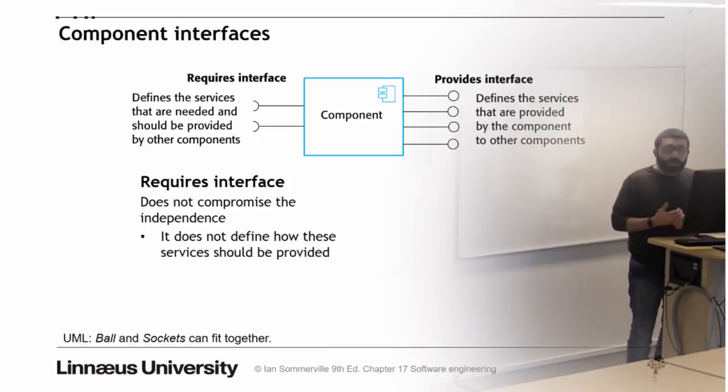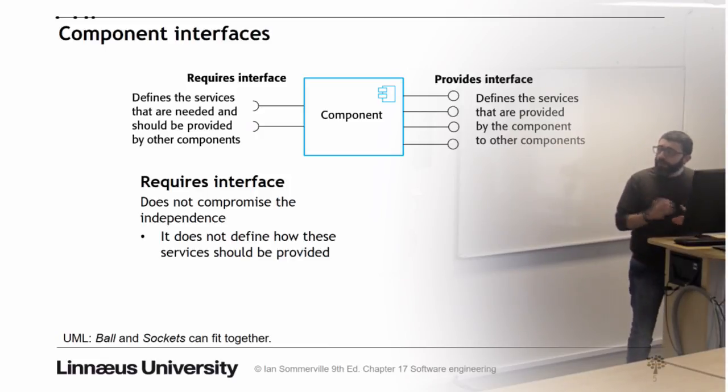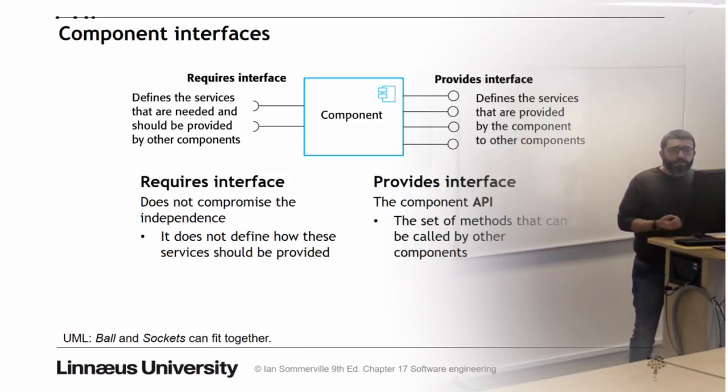As we will see later, this is the aim of component composition. On the other hand, a provided interface defines the set of services or functionalities that are offered by this component to other components that participate in the composition.